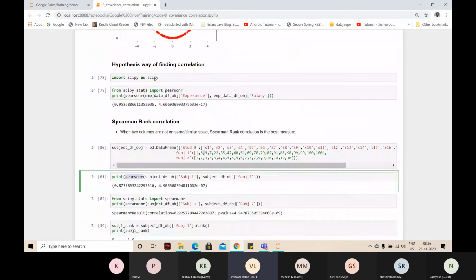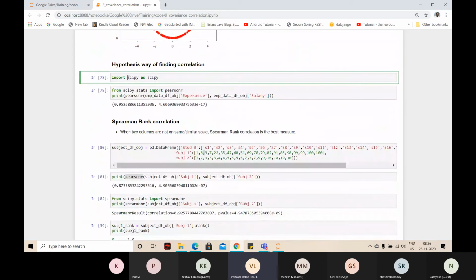There is a method called pearsonr in SciPy. So in SciPy, there are methods called pearsonr and spearmanr. The pearsonr method takes the original values, employee and salary, and I got a 95% correlation.